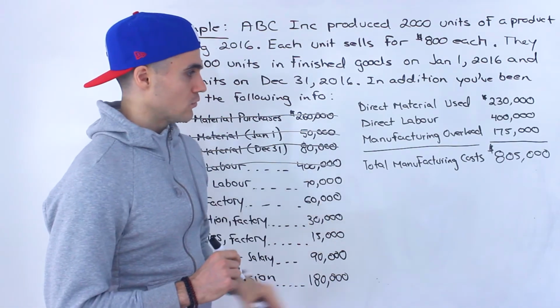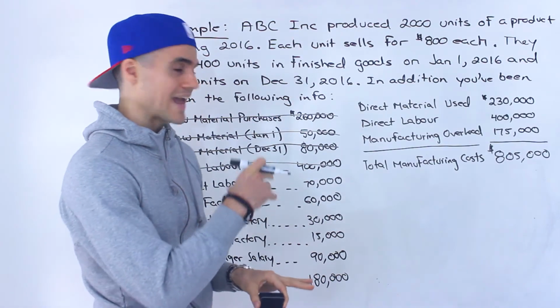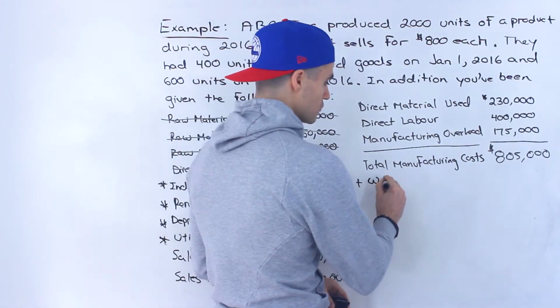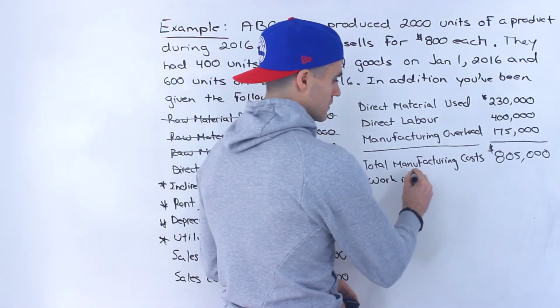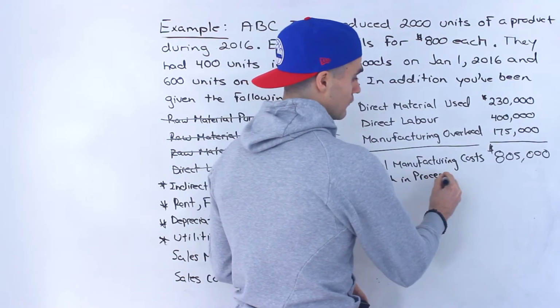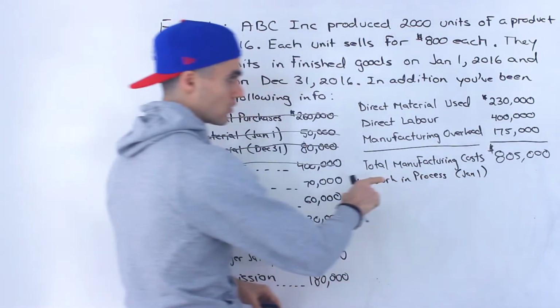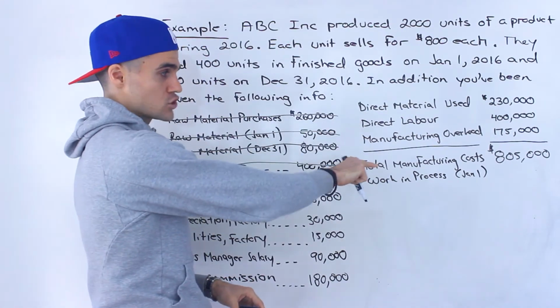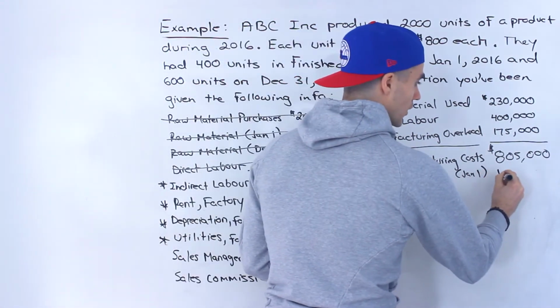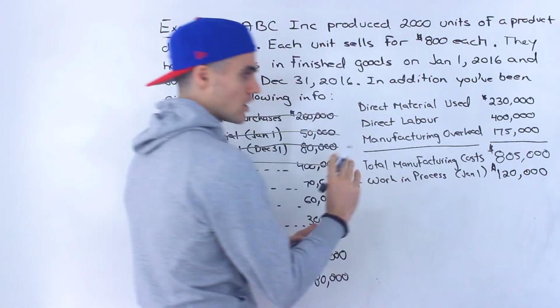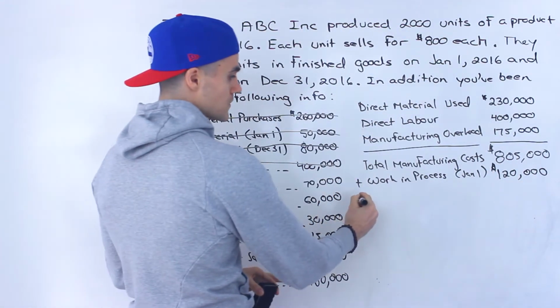Now from here, what we want to do is add to those total manufacturing costs the work in process at the beginning of the period, or in this case, January 1st. And if you remember, that work in process figure on January 1st was 120,000. And remember, we're trying to get that cost of goods manufactured. So what we've got to do is subtract.